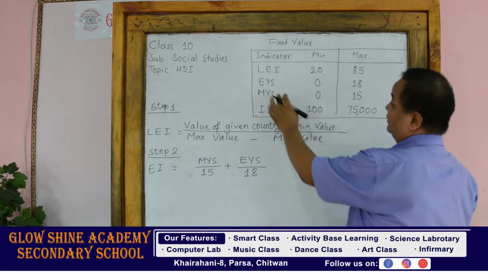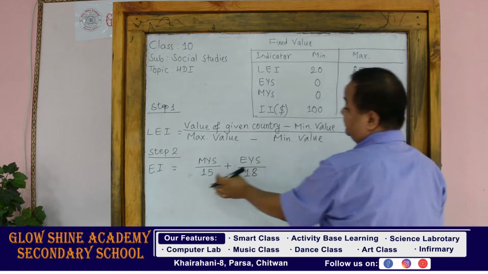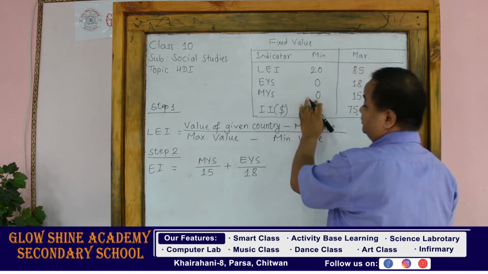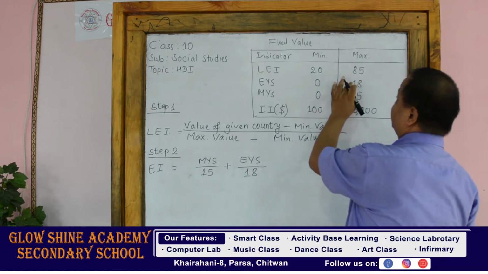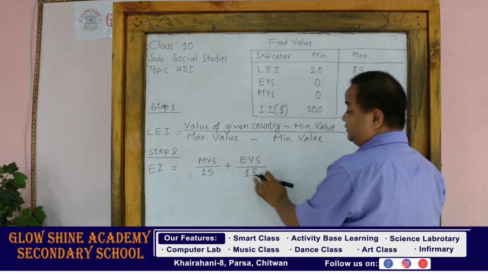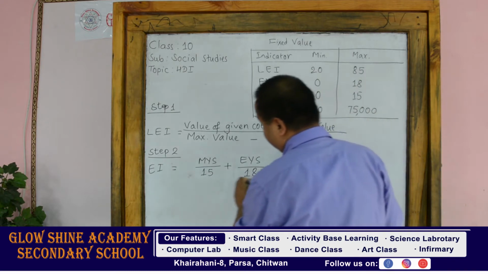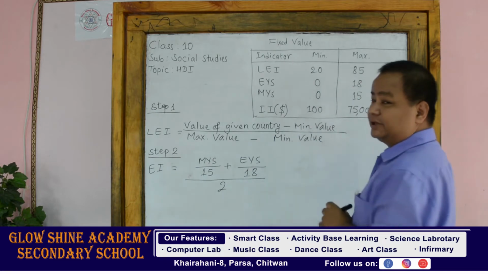You know, the MYS highest or maximum value is 15, lowest value is 0. The highest or maximum value of EYS is 18, so EYS is divided by 18. Then the whole is divided by 2. This is the second step.